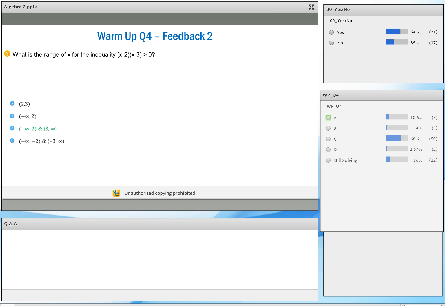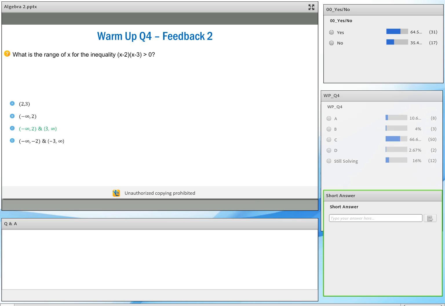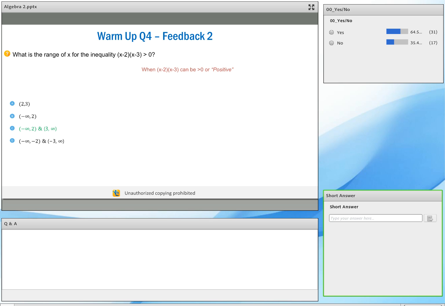For those of you who were not able to solve this question correctly, or who weren't able to select any answer, you do need to work on your skill set to solve quadratic inequalities. So that's my feedback to you. Okay, so let's go through this. I'm not going to go through the solution in detail, I'll just breeze through it. This is a concept that you need to learn from the concept files that are part of your free trial.